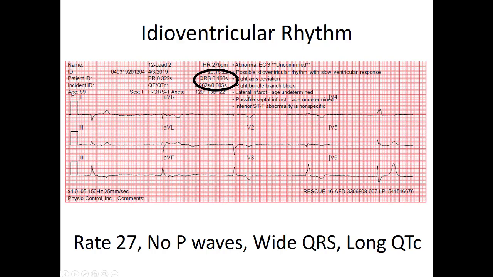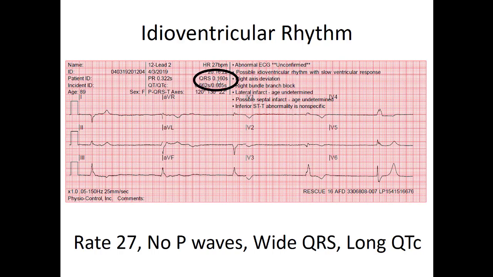We have an 89-year-old with a heart rate of 27. And so I look for P waves before every QRS, just like we start with every 12 lead we look at. I don't see P waves. The QRS is wide. It's 160, so that tells me sinoatrial node's broken, right? No P waves. AV node is not conducting, right?